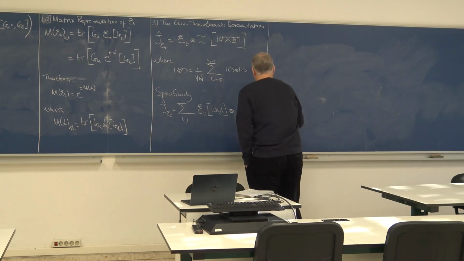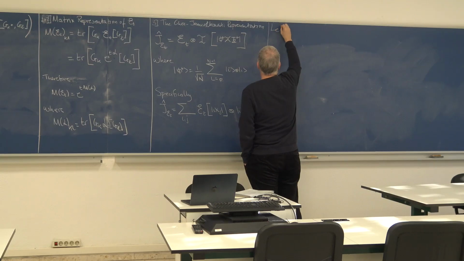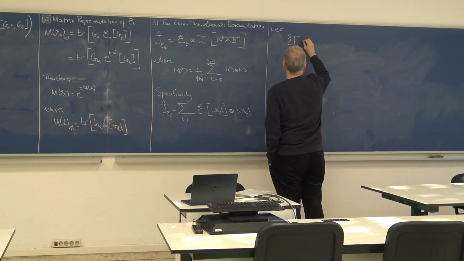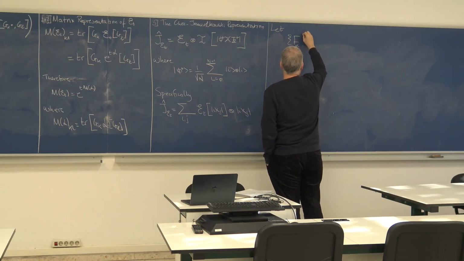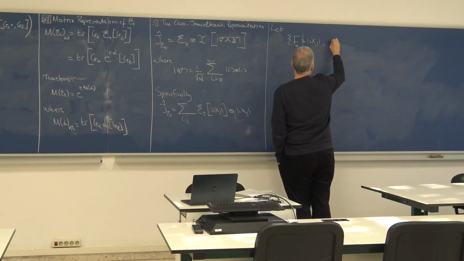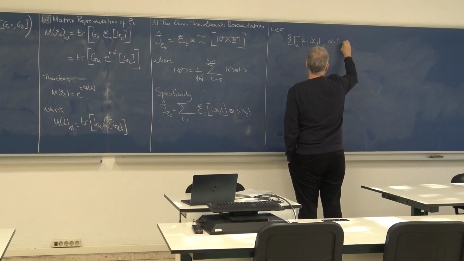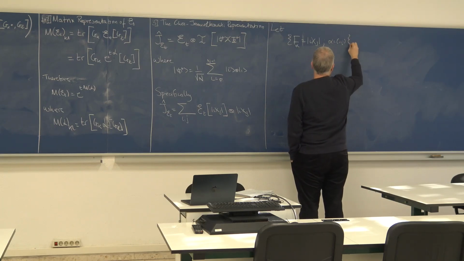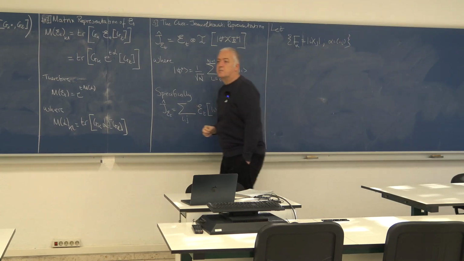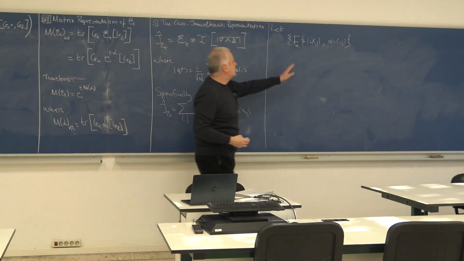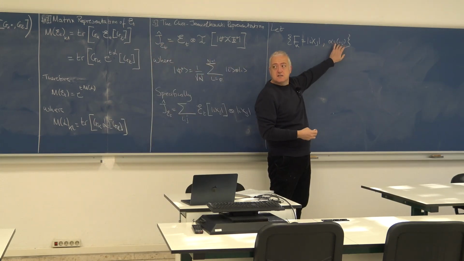So alpha is a multi-index, okay? I'm using one letter to define both i and j here.